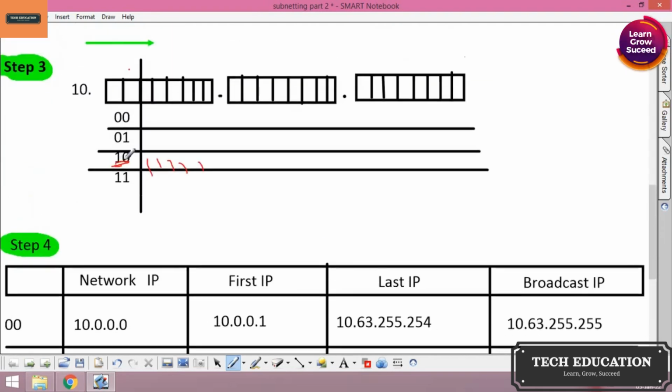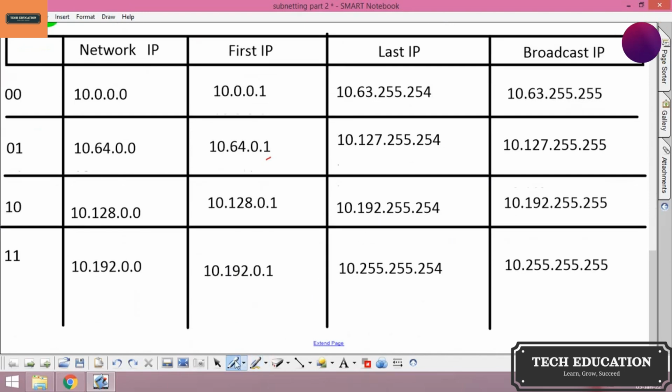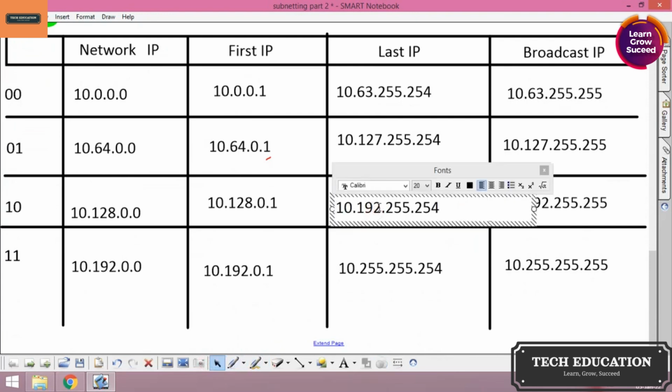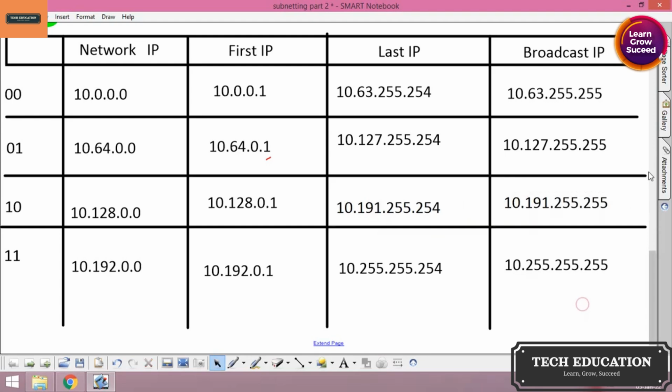So these are total minus 64 in 255. 255 minus 64, 191. So on this side 191 is there only.